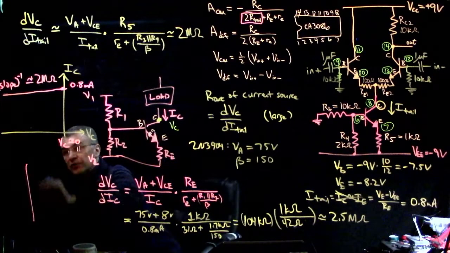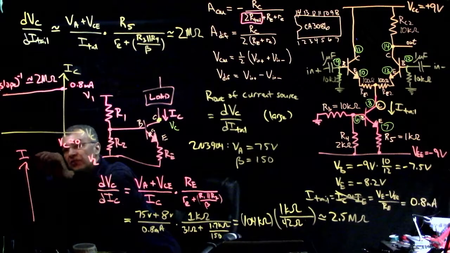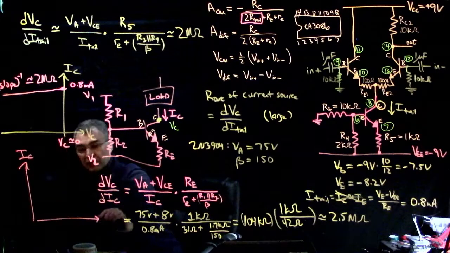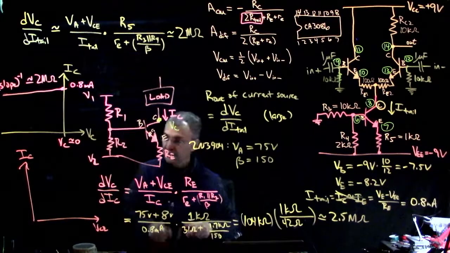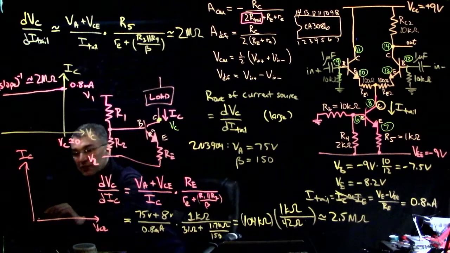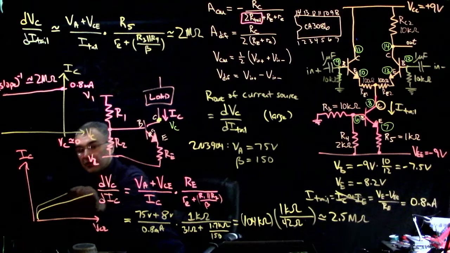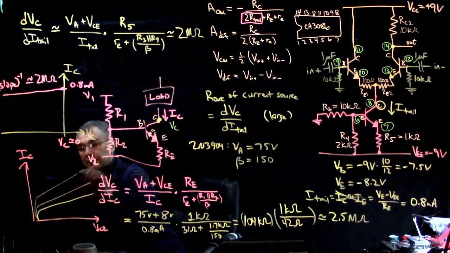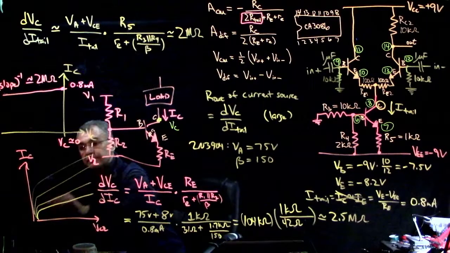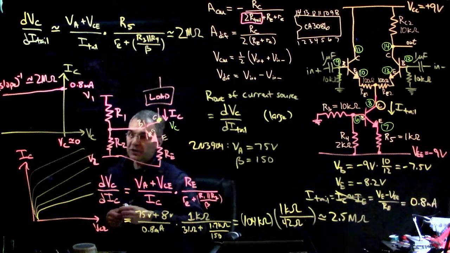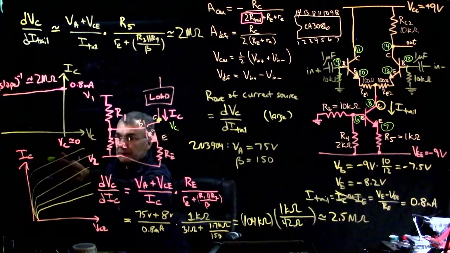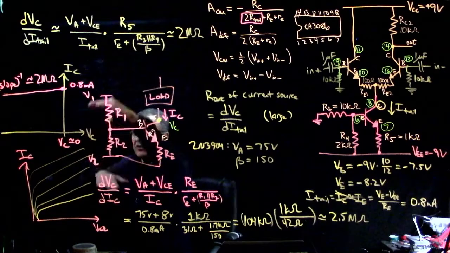If you draw these IC versus VCE curves for a transistor, you normally see them for different base current values. A perfect transistor would have no slope here. This would be completely flat, which would mean that the collector current doesn't change as you change the collector emitter voltage.